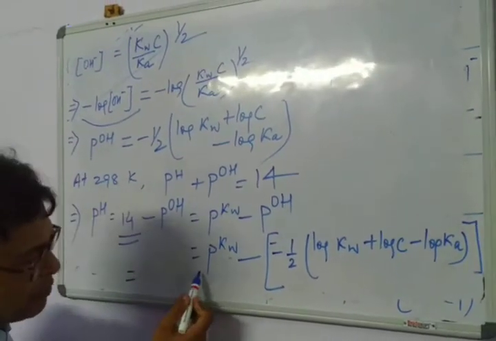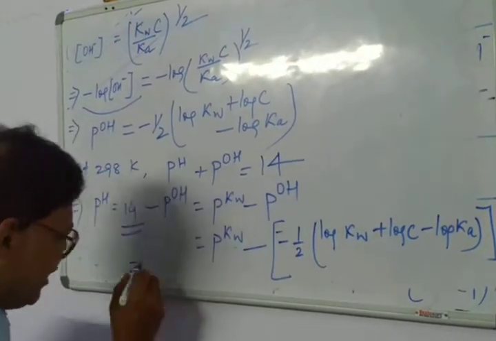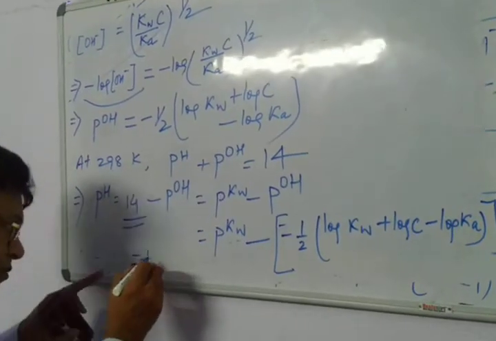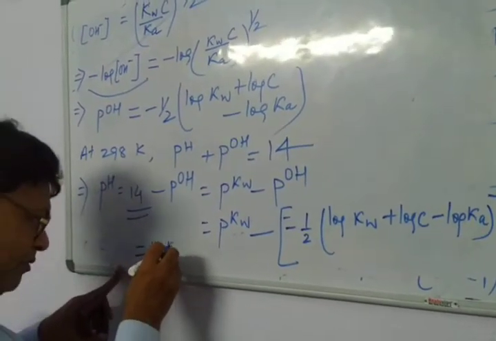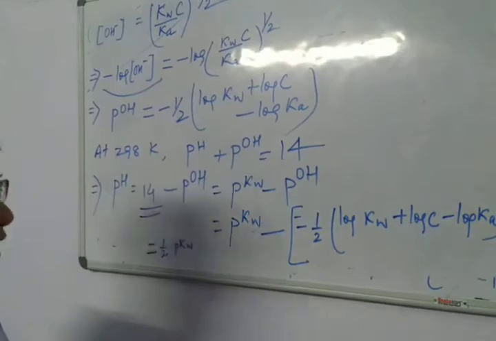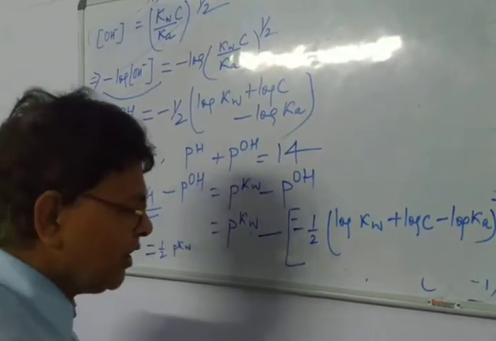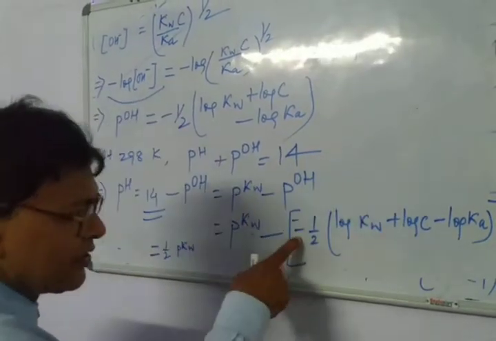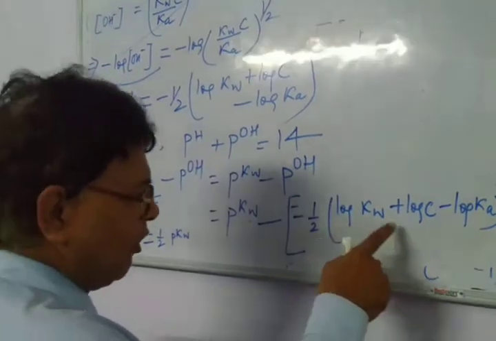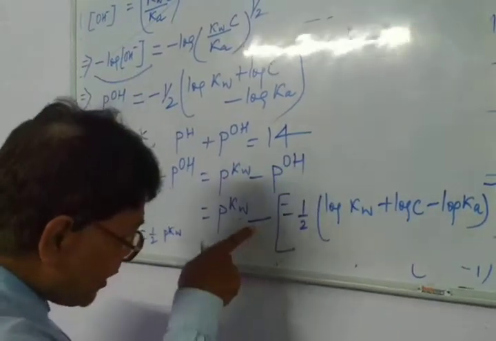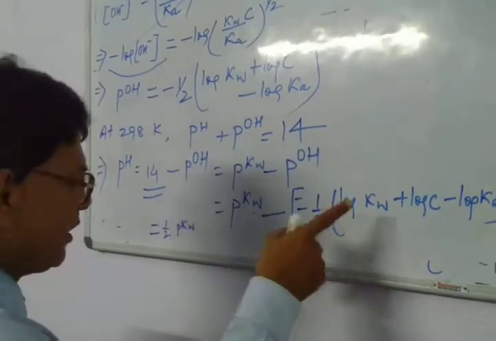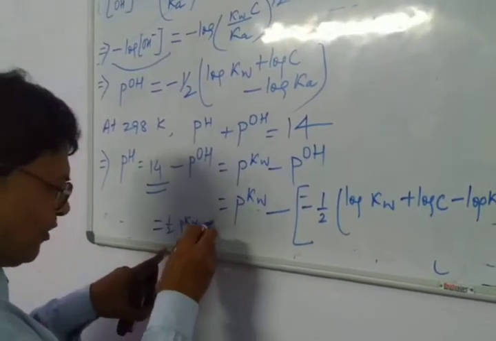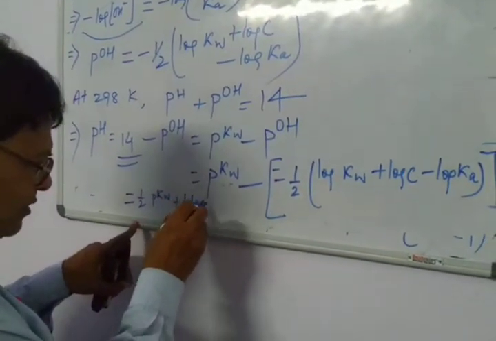So pKw minus half pKw, that is half pKw. Okay. Now check. Here we have minus half log C, and here is minus sign, so minus into minus plus half log C. Clear?